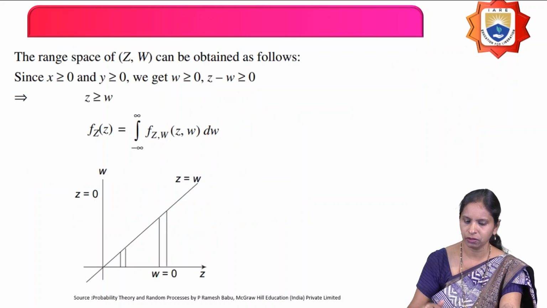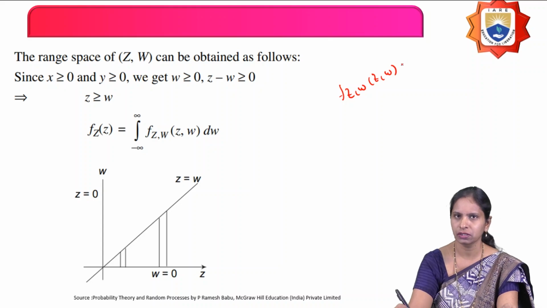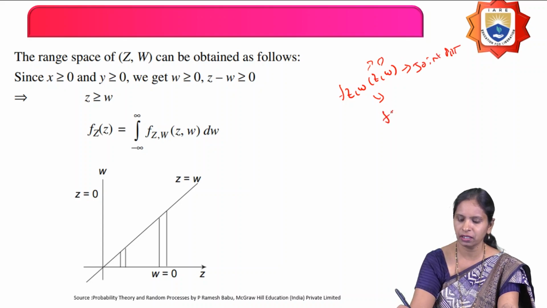Then we have to find the density function of only the transformed random variable z, not the joint of z and w. So you know the joint density function of the random variables z and w, but you want only the density function of the random variable z. How do you find it? By calculating the marginal density function.